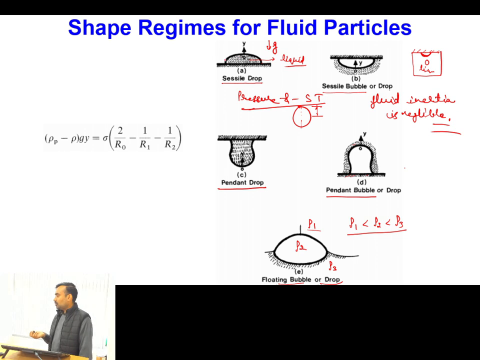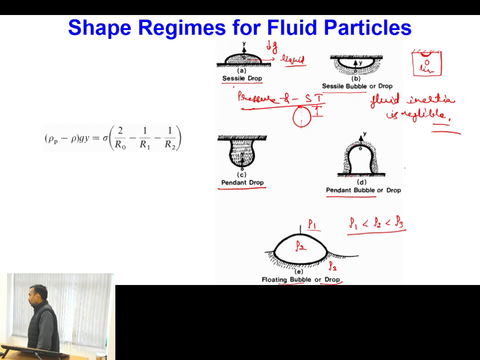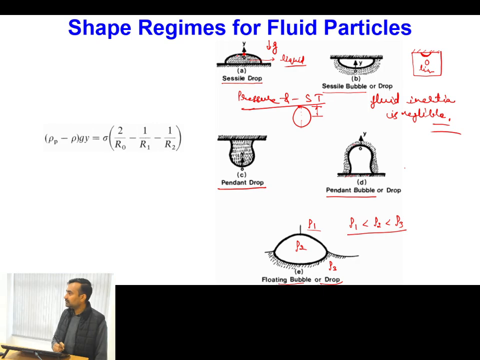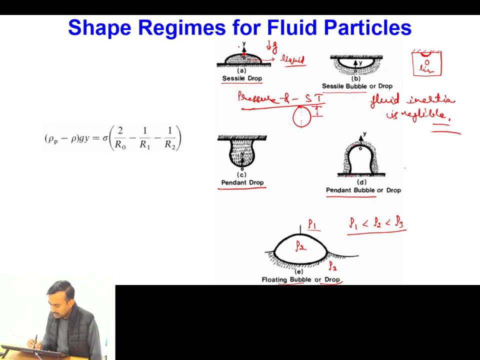That's why the mean curvature and the pressure gradient will be adjusting in such a way that they can mimic this particular shape in the equilibrium situation. So how can we do this? Let us understand that this is my origin. The top point of the droplet is the origin, from where I am measuring the value of y.